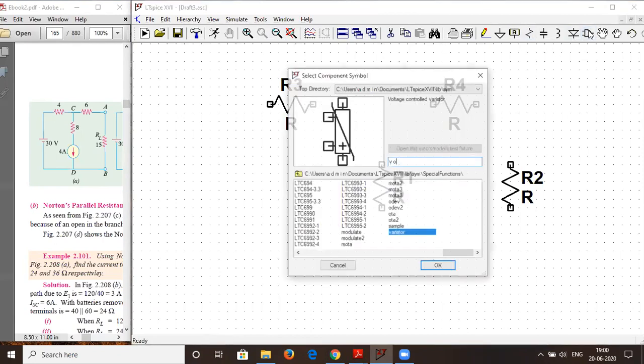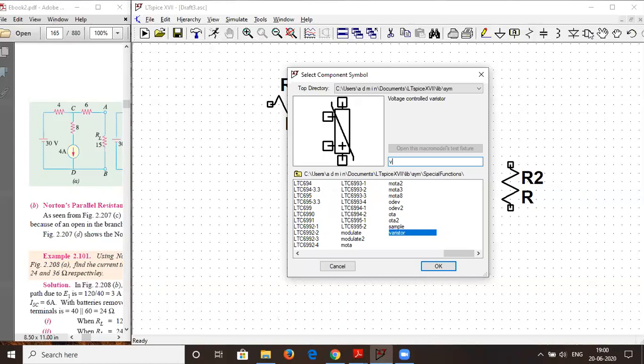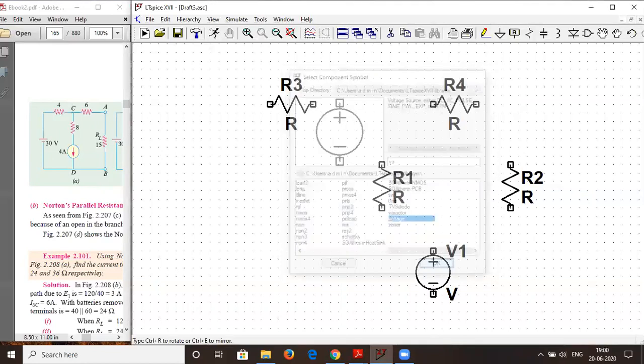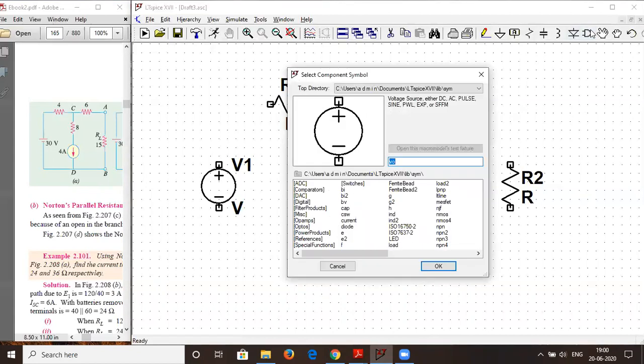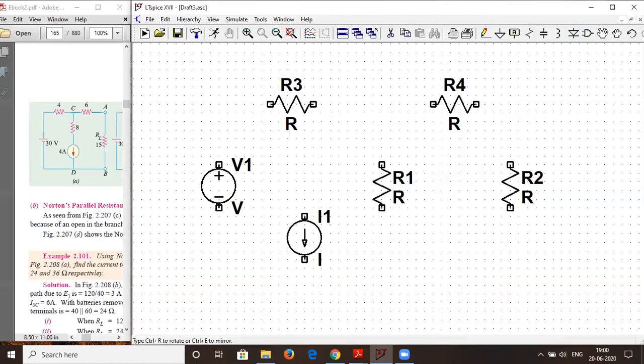So we have one voltage source and one current source. One voltage source I can place over here, and another is a current source. Independent sources we have over here. So one current source is over here.